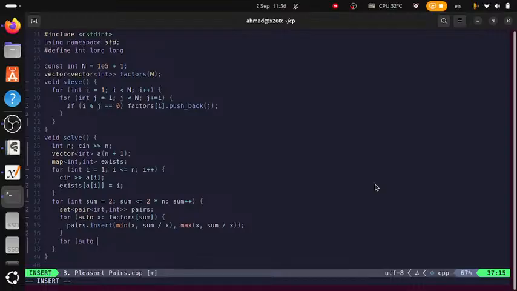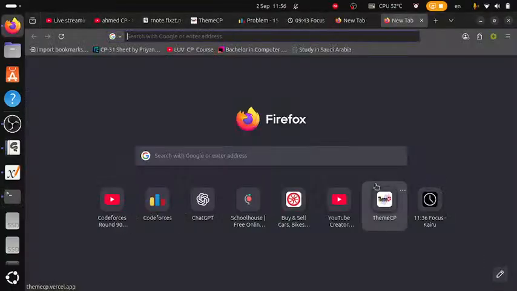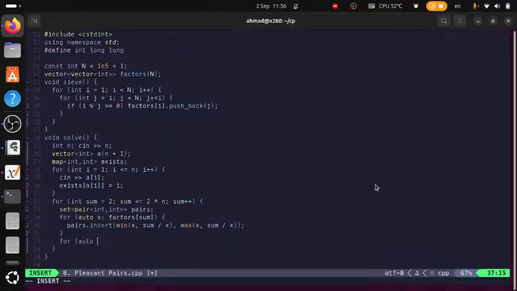All right. So we iterate through. Now, how do we iterate there? I always forget this line of code.